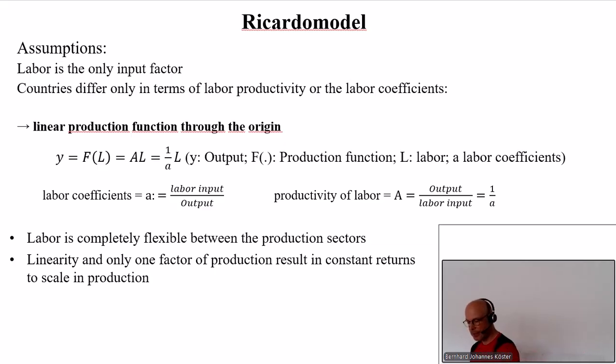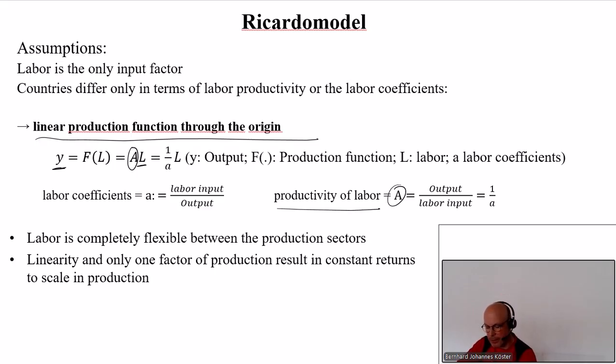We just use a linear production function starting from the origin, and we just say, production amount Y is equal to some constant A times our labor input L, and this variable A is nothing else than the productivity of labor, since we can just divide Y by L equals capital A, and then we have output per labor input.